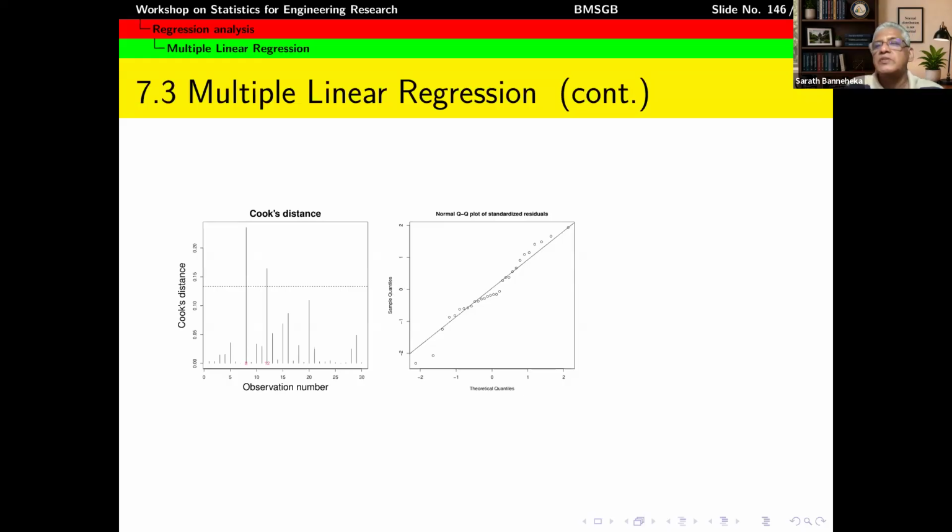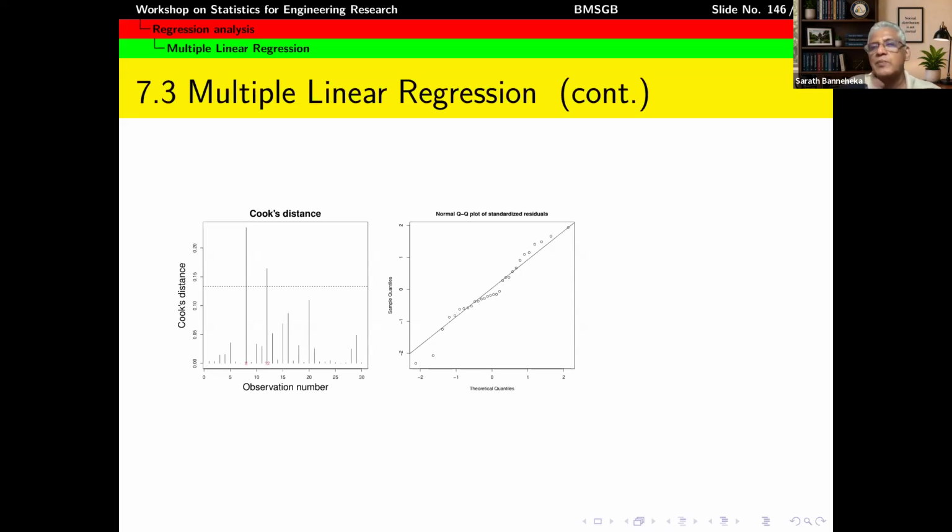So if the assumption of normality is correct, then the sample quantiles should be approximately equal to the theoretical quantiles. Therefore, if I draw a straight line with a slope of 45 degrees, then the points should be close to that line. So remember, this is not a regression line. This is just a reference line to see whether the normality assumption is reasonable.